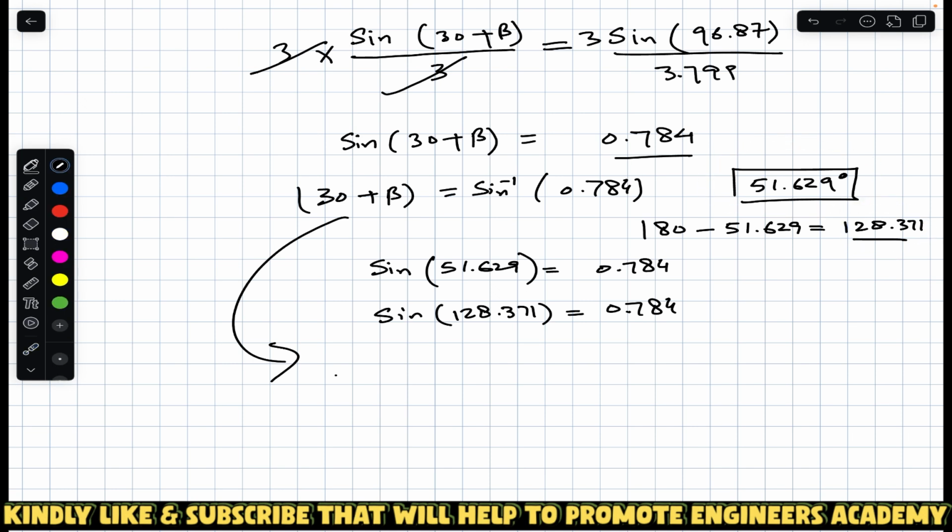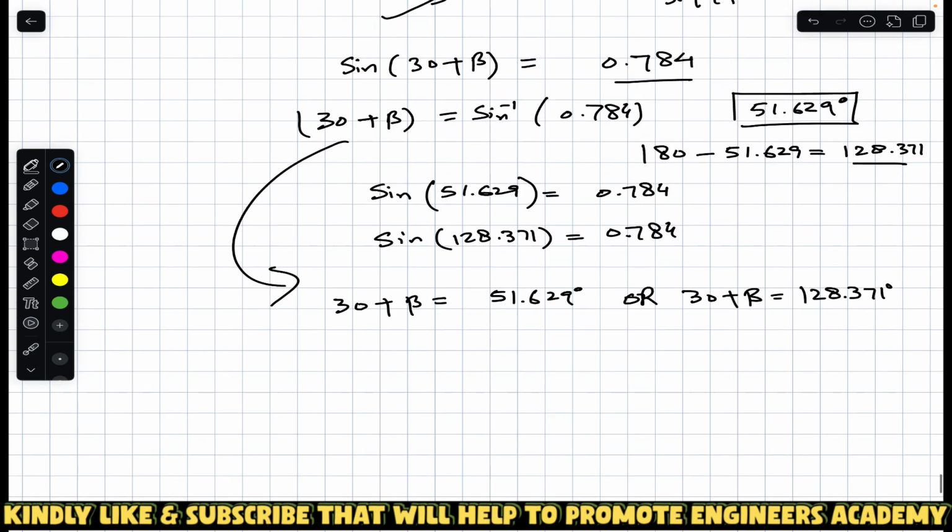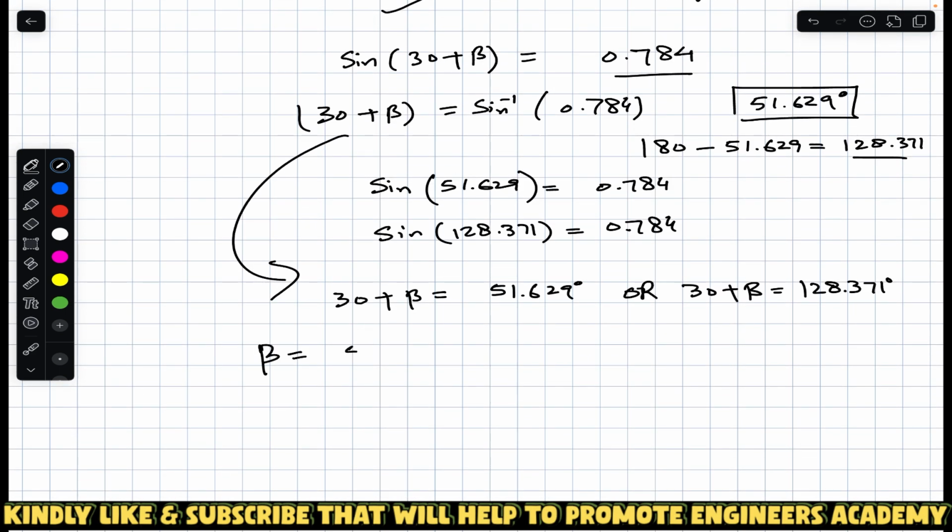So 30 plus beta is equal to 51.629 or 30 plus beta is equal to 128.371 degrees. Now from this we can say that beta is equal to 51.629 minus 30, or beta is equal to 128.371 minus 30.